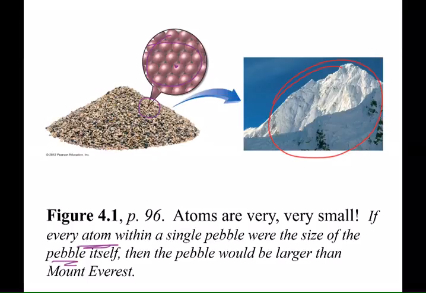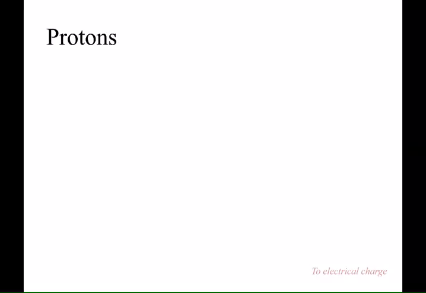Now I know not all pebbles are created equal, but just think of a pebble in sand. All those atoms, scale them up to the size of the pebble, and that pebble now would be larger in volume than Mount Everest. Is that not cool or what?